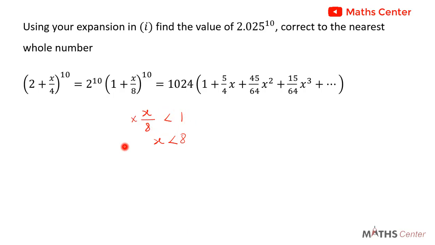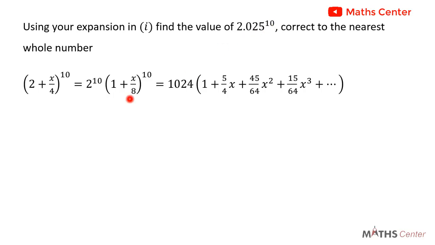If we multiply both sides by 8, we will have x is less than 8. So what it means is that the value of x that we are going to substitute into this should be less than 8.